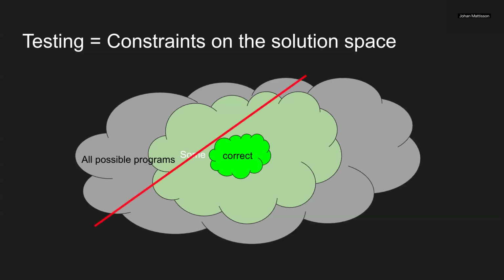The red line here indicates a test. So we want to write a test that removes these from the equation. The things on the left side of the red line, we want to remove by writing a good test. So we want to constrain the solution space in that aspect. And we want to do this to remove these as well, right?